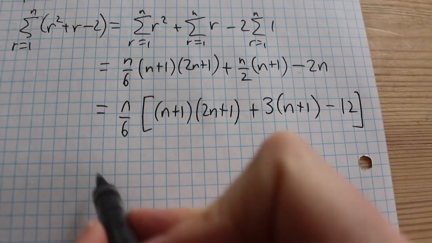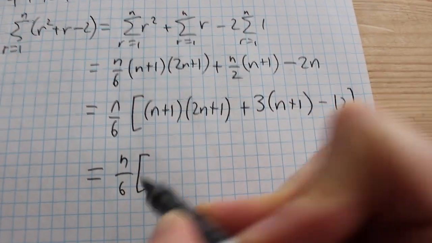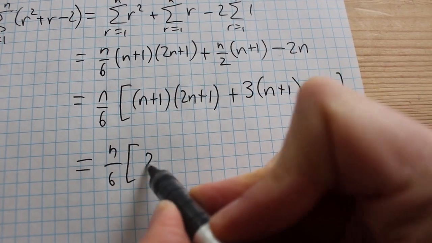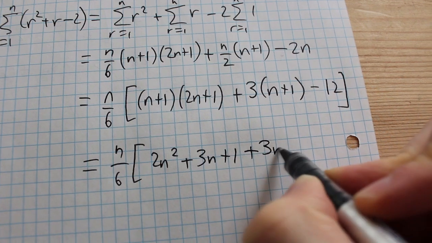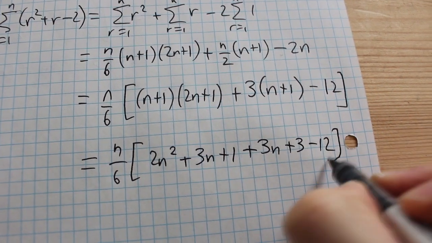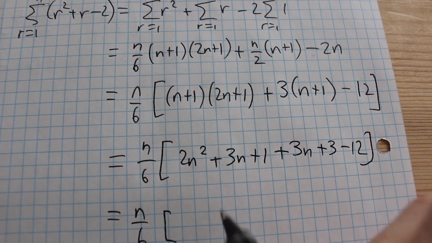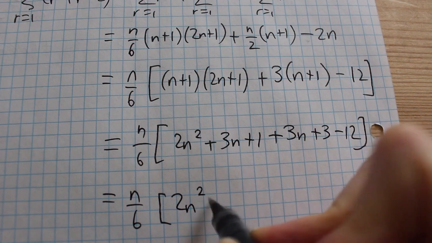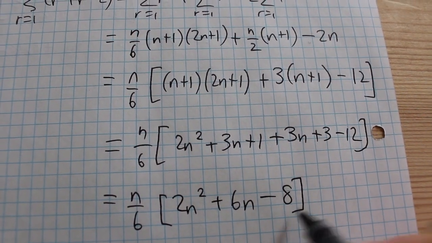And then we need to expand all of the brackets inside here. So we've got 2n squared plus 3n plus 1 plus 3n plus 3, take 12. And then that's 2n squared plus 6n minus 8.